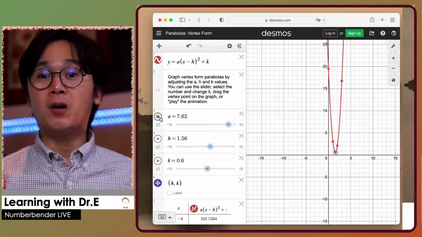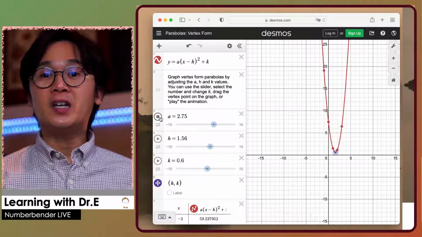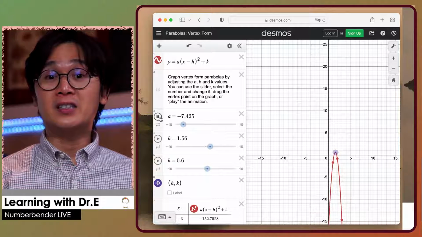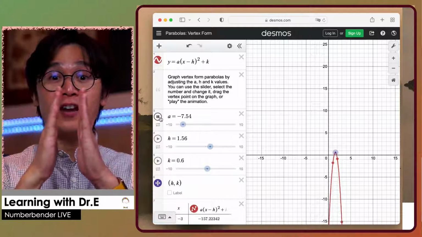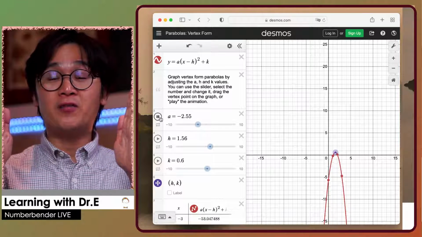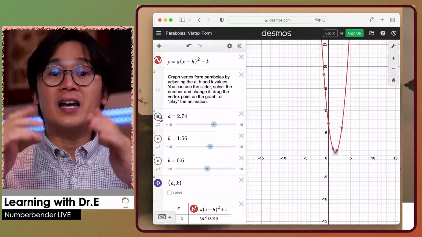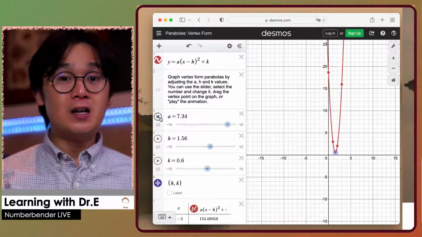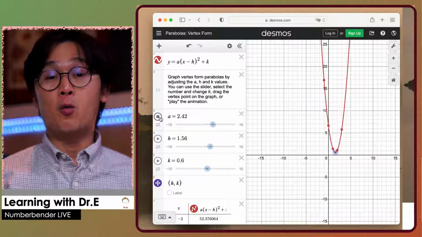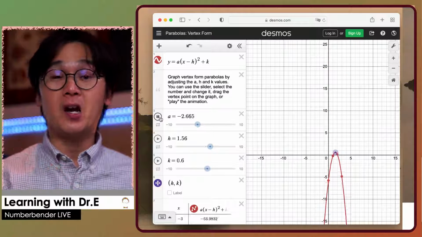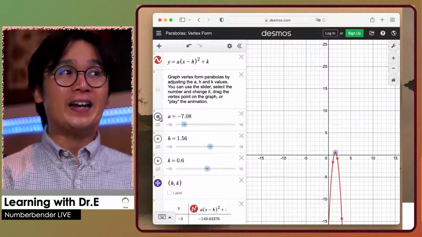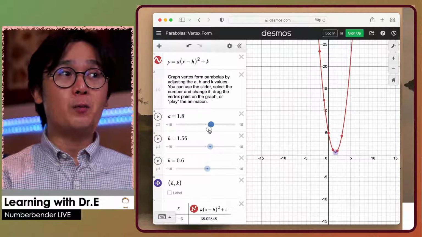So that's how the parabola is changing when we are transforming the value of our a. Once it's going further and further away from zero, the parabola is going narrower. And when it's closer to zero, the parabola becomes wider. And when I say closer to zero, that is the value of a. So that is our parabola opening upward.